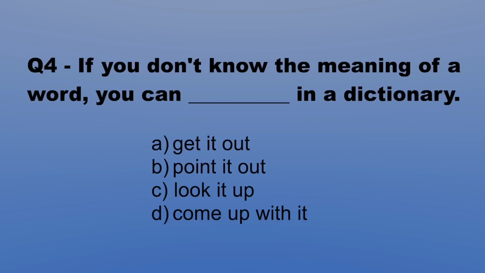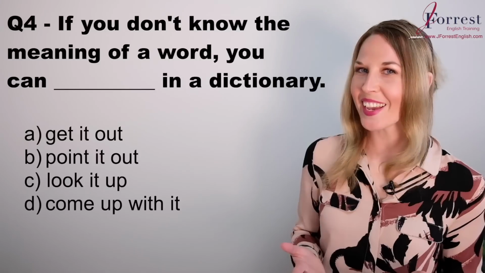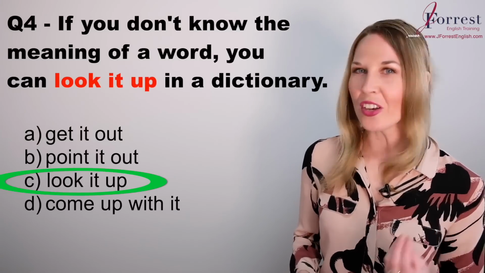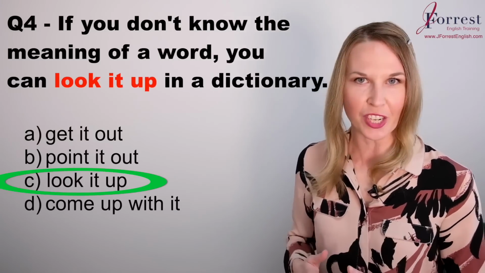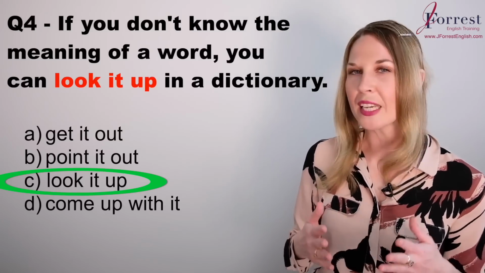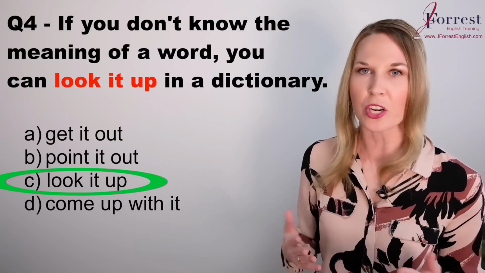Question 4. If you don't know the meaning of a word, you can in a dictionary. And the answer is C. You can look it up in the dictionary. Now this one is a vocabulary question because you need to understand what these expressions mean.